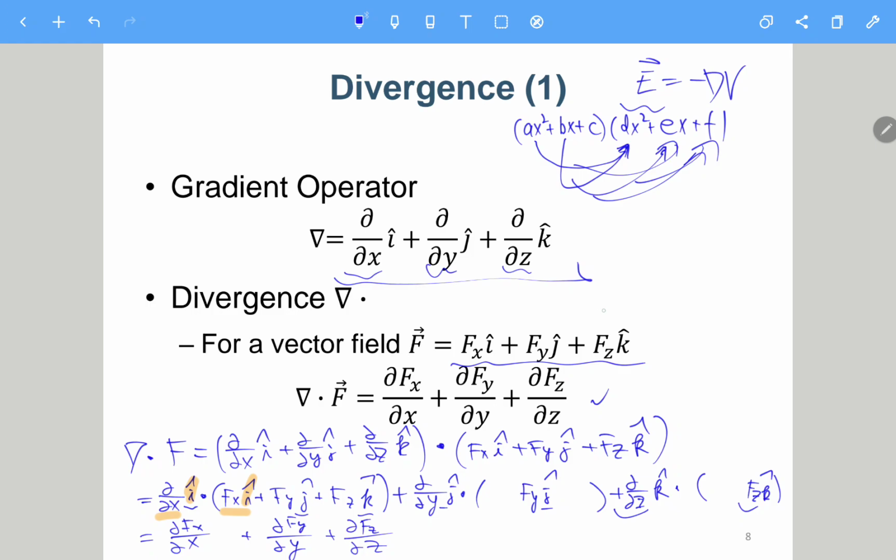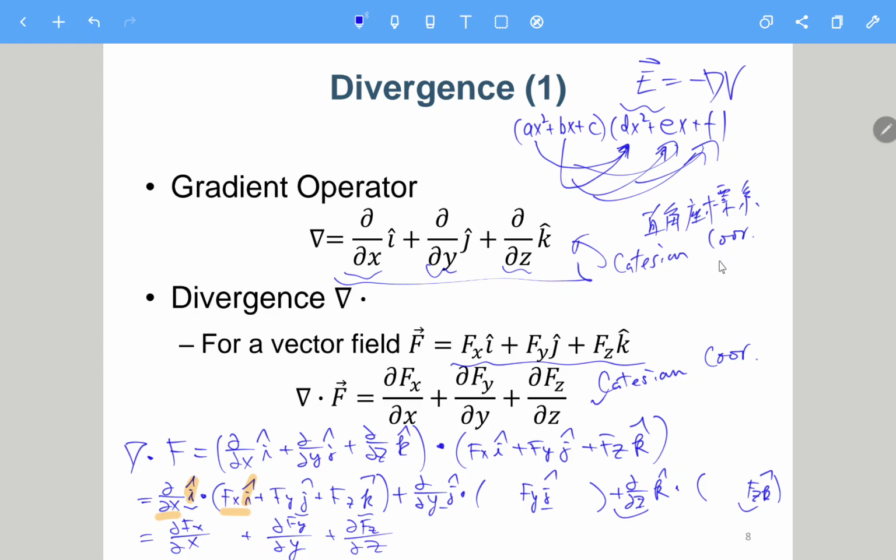And of course, in Cartesian coordinates, it is as simple as this. If it is in another coordinate system, it won't look this simple. Of course, this is only for Cartesian coordinates.